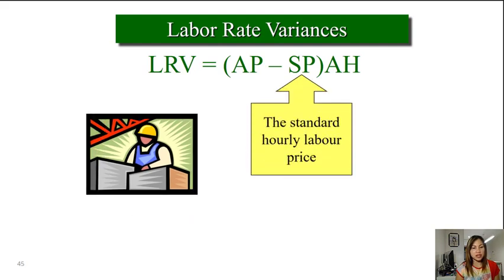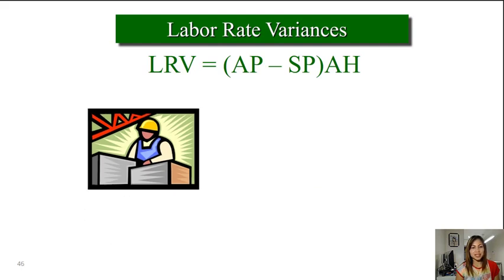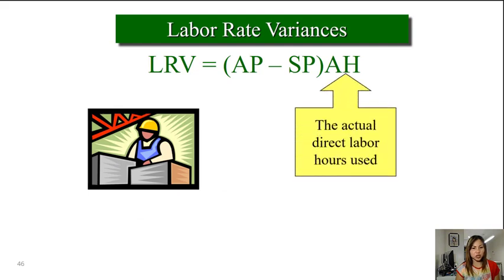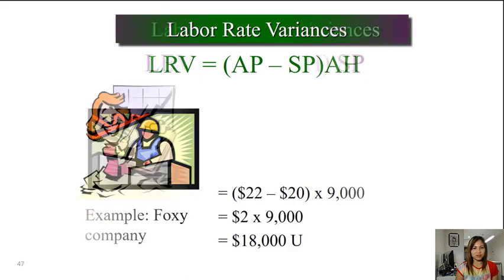The standard hourly labor price is $20 for Foxy Company, times the actual direct labor hours spent on the production, that is a total of 9,000 hours. The difference is $2 times 9,000. So the labor rate variance is $18,000. This is unfavorable because the actual rate is higher than the standard rate.